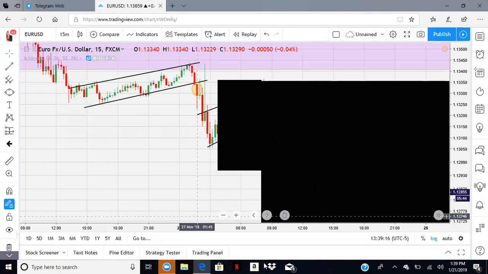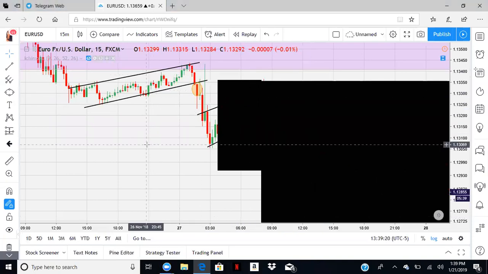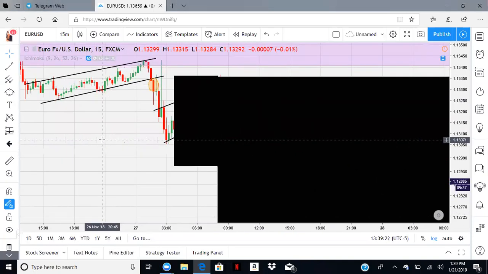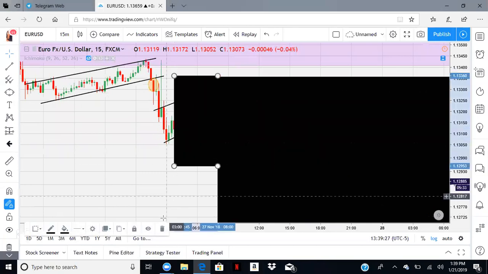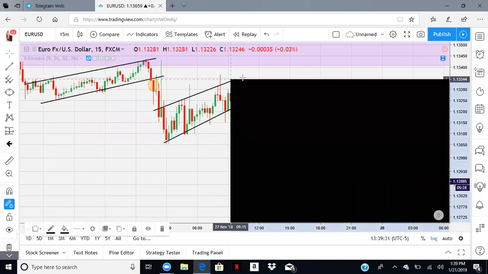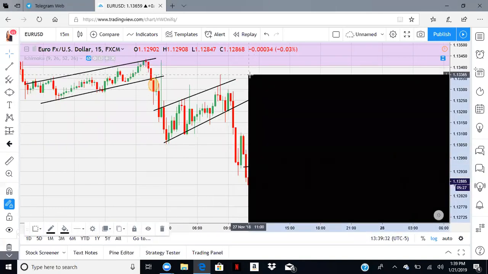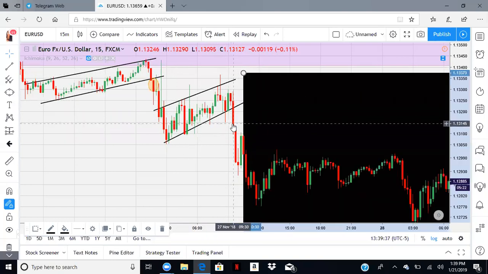It wants to continue down. Same thing over here, right? Price was consolidating and then we had a strong breakout candle and it broke out.